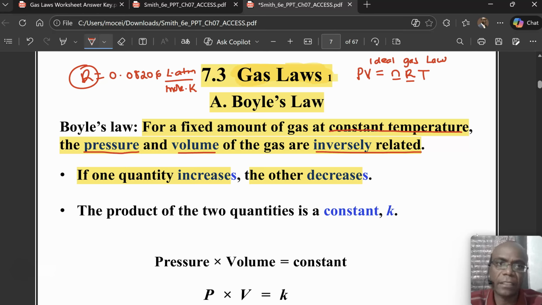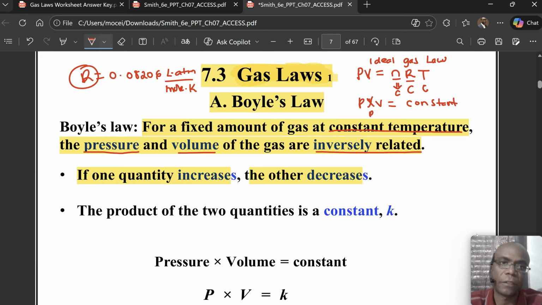So if we are saying we are keeping temperature constant, so this is a constant, call it constant C. R is a gas constant, call it C, and we are also keeping the number of moles constant. So we can say that pressure times volume equals a constant, because everything to the right is constant.